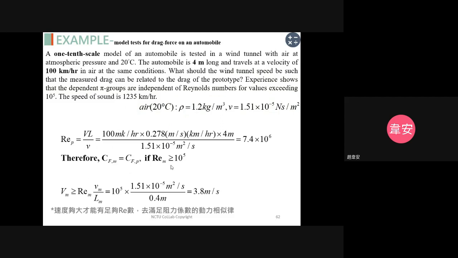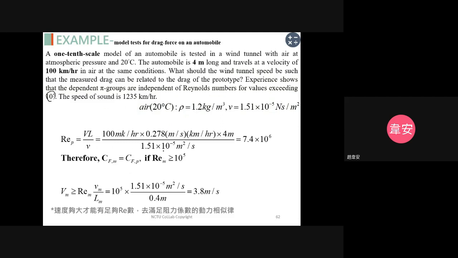So we go back to consider that we don't necessarily need to satisfy the Reynolds number balance, because we know that the pressure coefficient will not be sensitive to the Reynolds number when the Reynolds number is larger than 100,000.